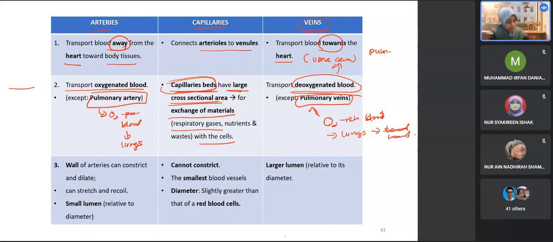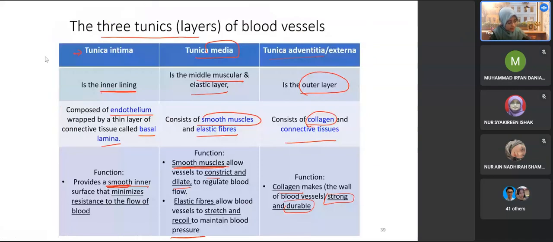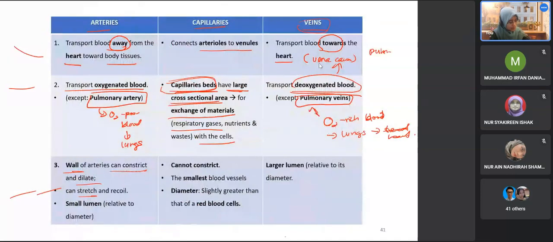Okay, so next, the wall of the artery can constrict and dilate. Because it can constrict and dilate, and it has the tunica adventitia ni kan, which consists of collagen and also connective tissues, it enables the artery to stretch and recoil.